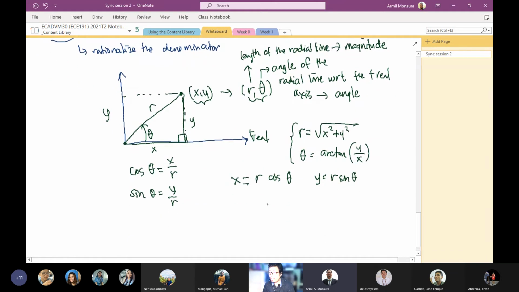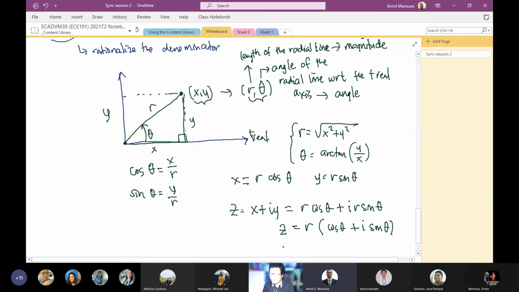Now, writing your complex number z in terms of x plus iy, going back to rectangular form, we can actually use the polar coordinates in order for us to write this number as r cosine theta plus i times r sine theta, or r times cosine theta plus i sine theta.